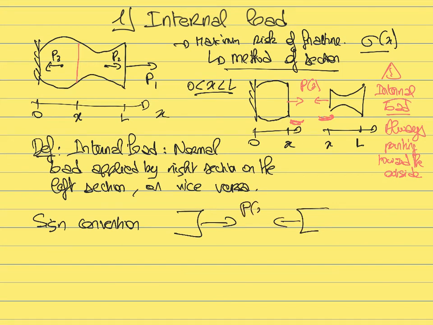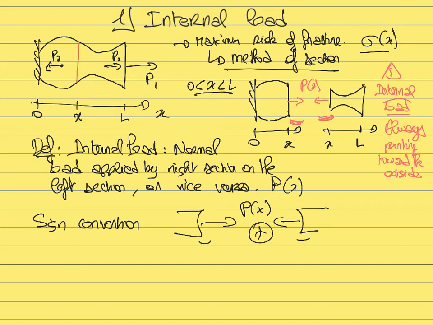We are going to call the load P. The load will depend on the position x, and we are always going to define it as pointing towards the outside. So if you cut a material into parts and create two new surfaces, you will always define the load as pointing towards the outside of the material.